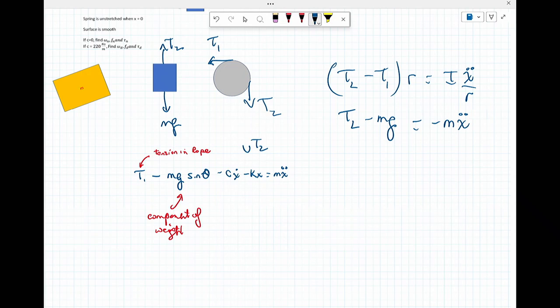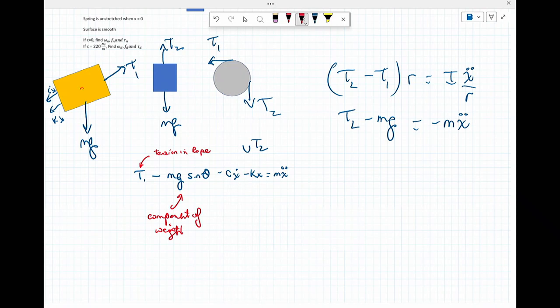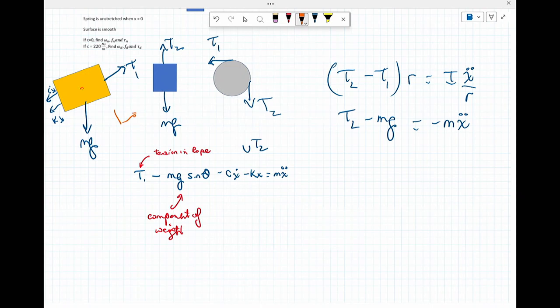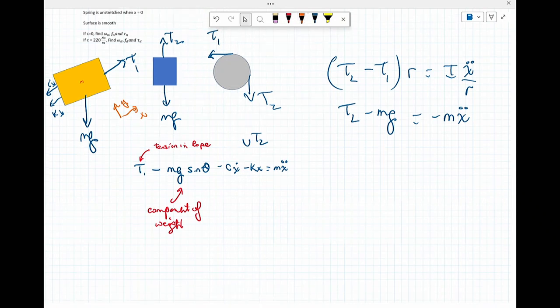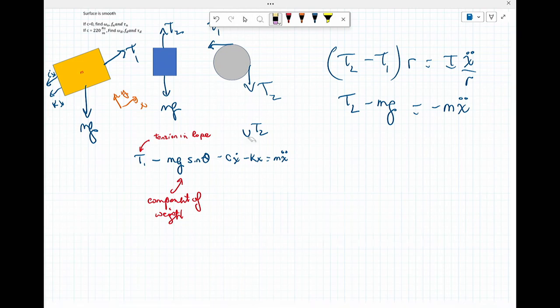And I probably should do this: mg, T1, Cx dot, kx, and xy. There we go.